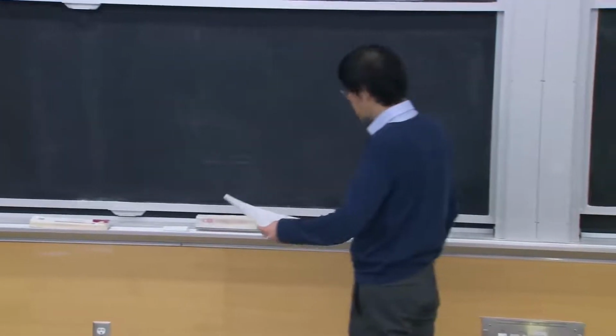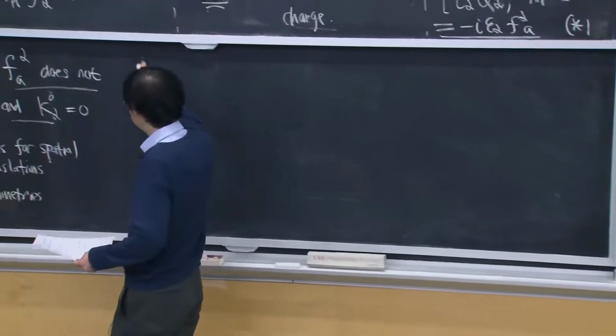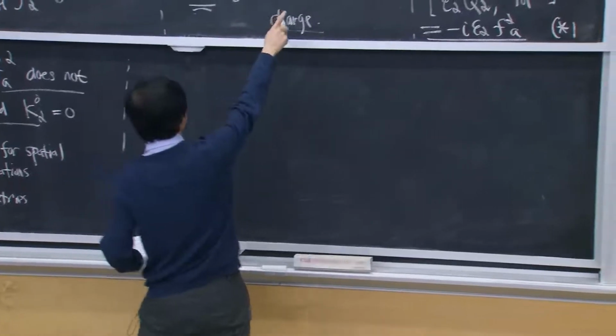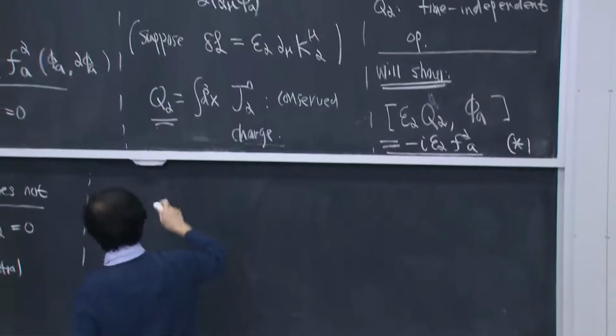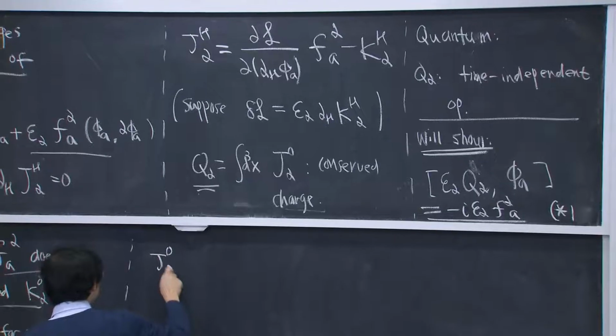So in this case, it's easy, because we just have the zeroth component of J mu.